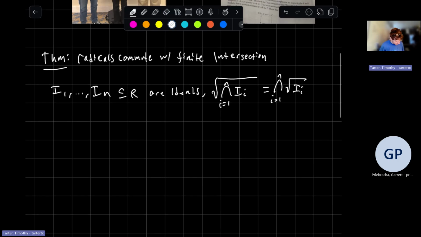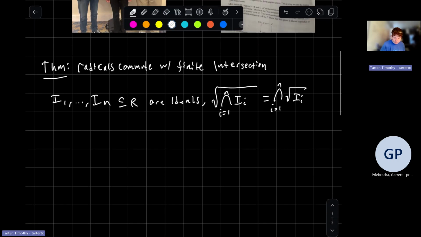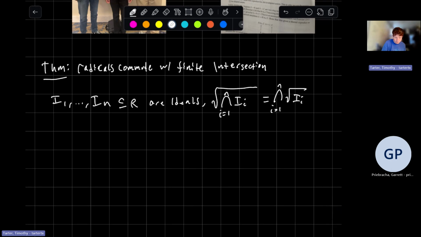Quite simply, we'll do a set containment proof. Direction one: let r be in the left-hand side.